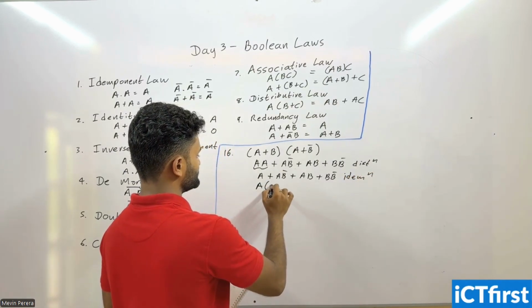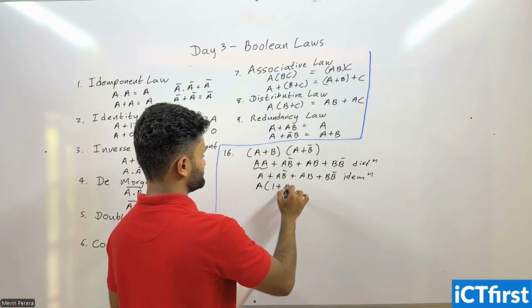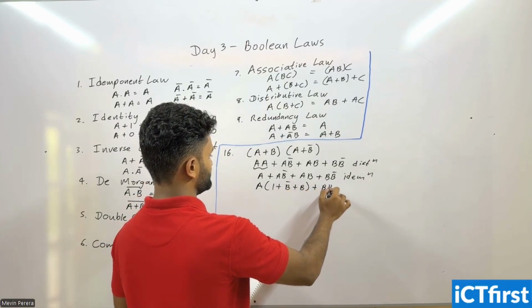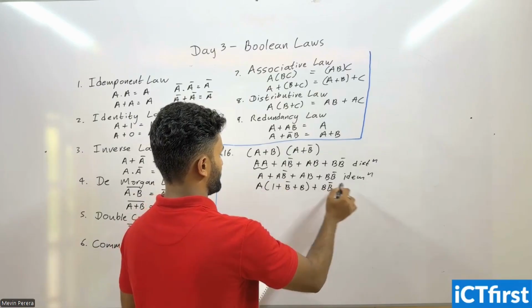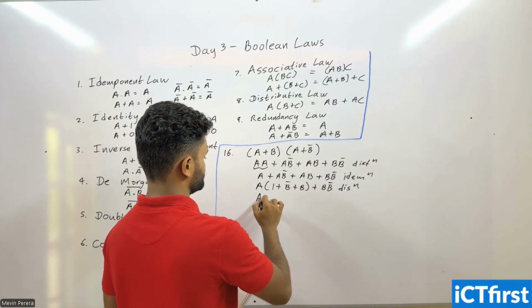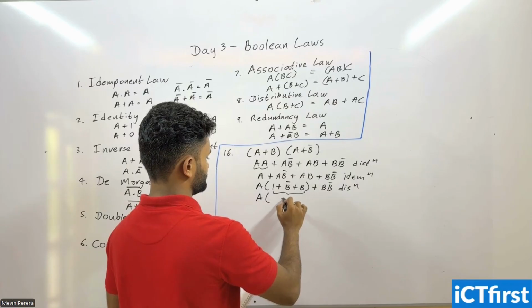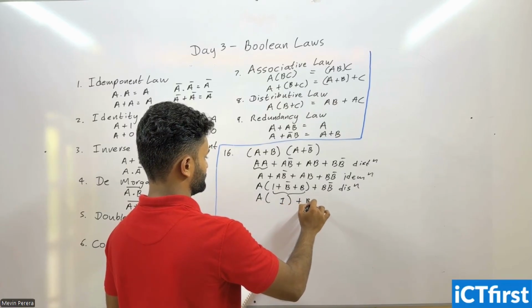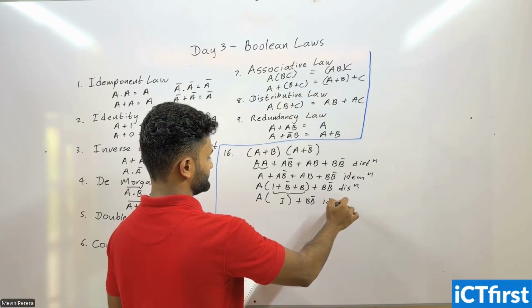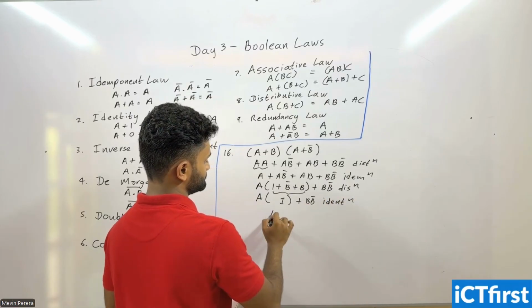I'm taking A outside, that is 1 plus B bar plus B plus B dot B bar. Now distributive law. Identity law.